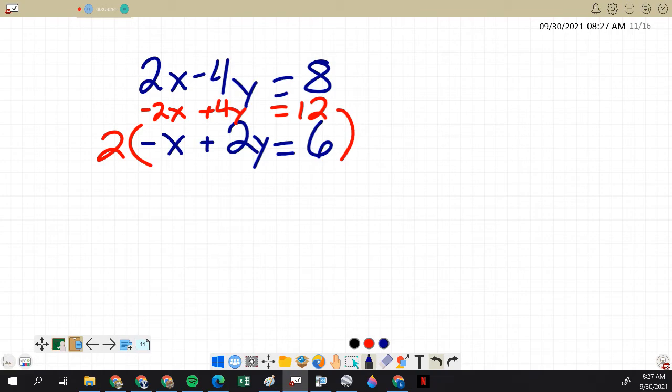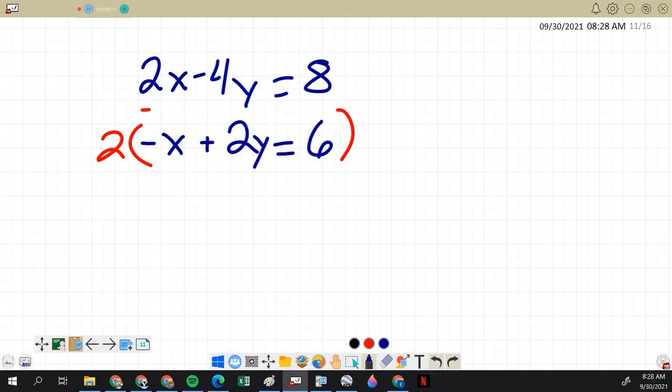And what happens? Zero equals -4. What does that mean? There is no point that works in both equations because they don't intersect because the lines are parallel. Does that make sense?